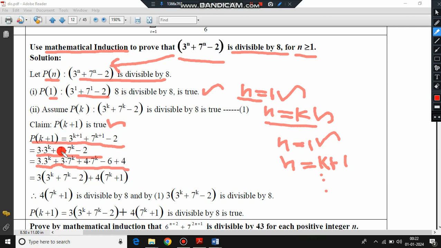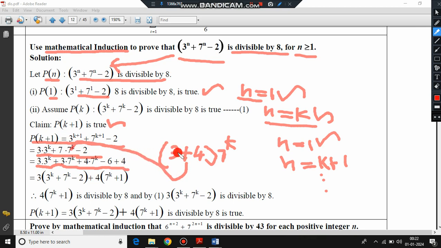Here 7 into 7^k can be written like this. Why? If you write the short form, you'll get 3 plus 4 into 7^k. So this is exactly equal to this.